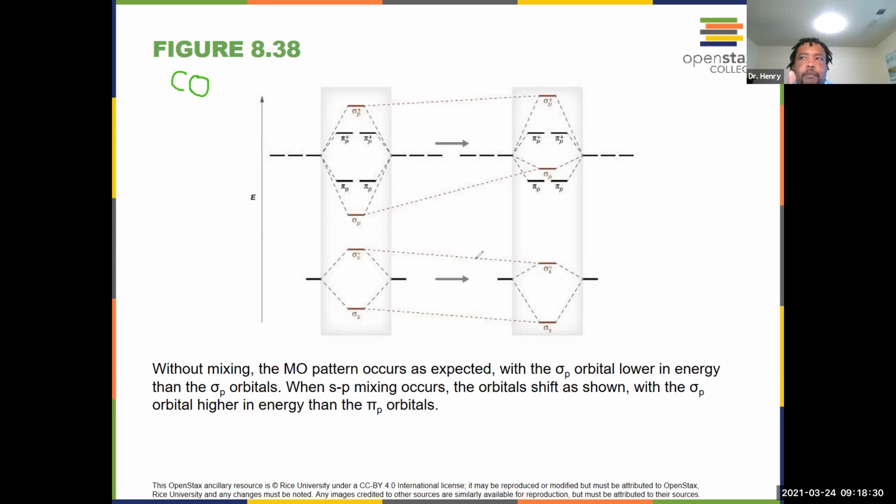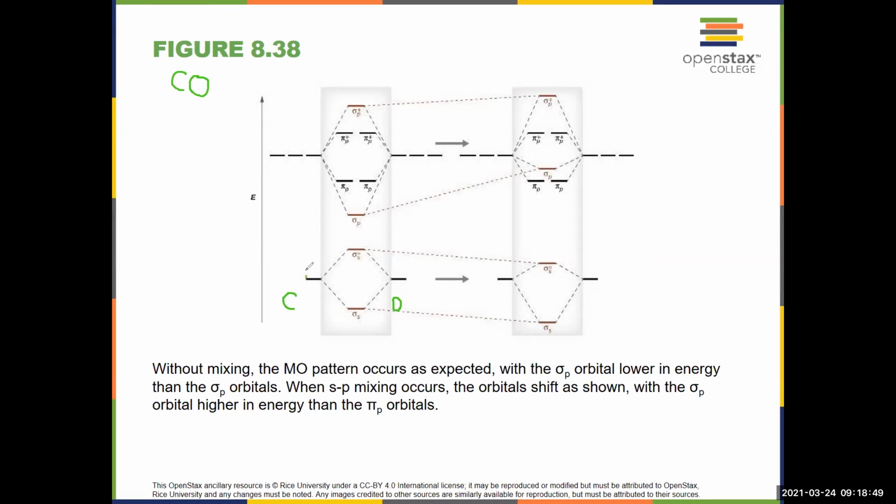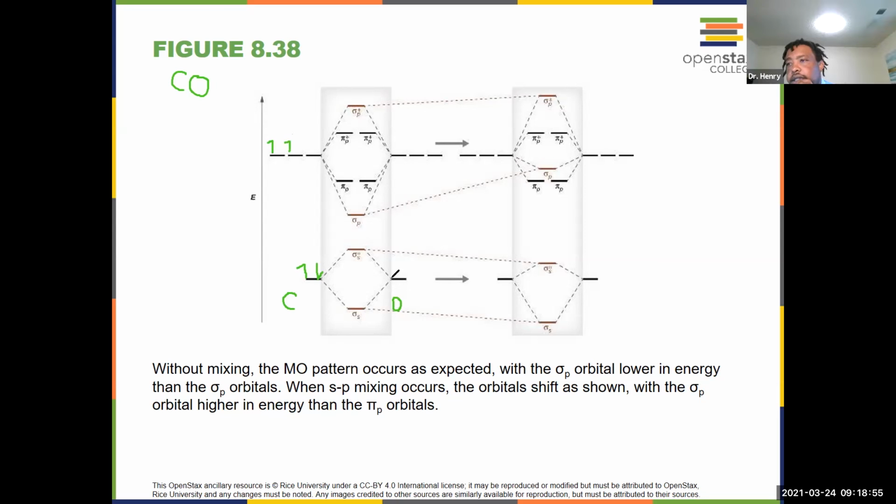Because we have that in between the two. So if we put carbon here and oxygen here, valence electrons: four for carbon. And how many for oxygen? 6.